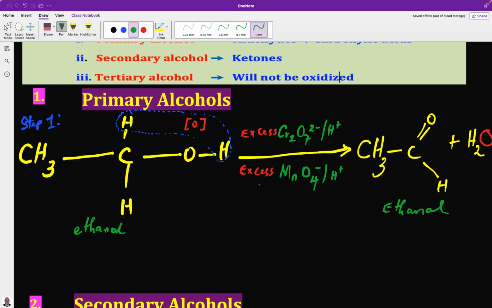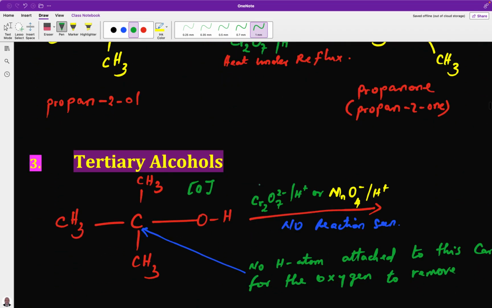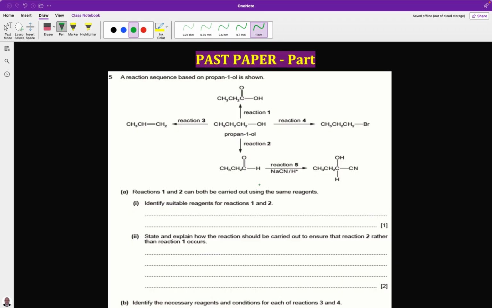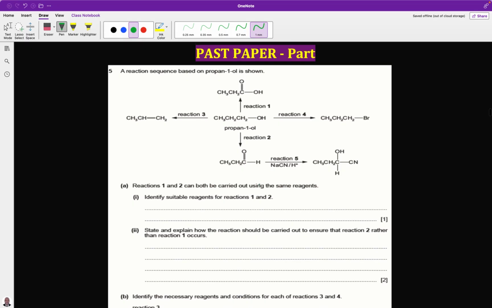Okay, let's proceed to our question paper. Our question paper is part of question number 5. A reaction sequence based on propan-1-ol is shown below. This is a reaction sequence.